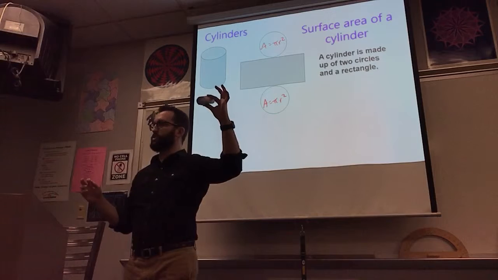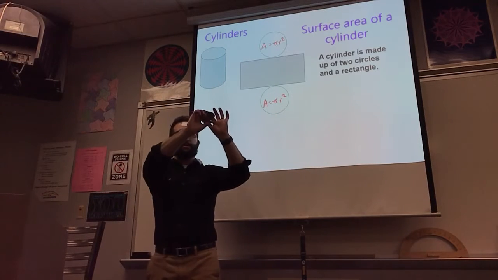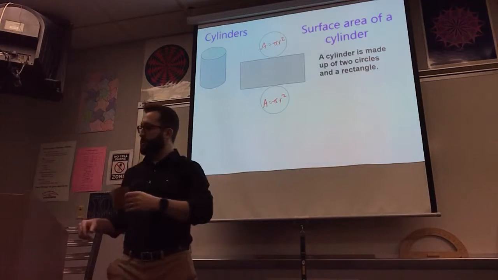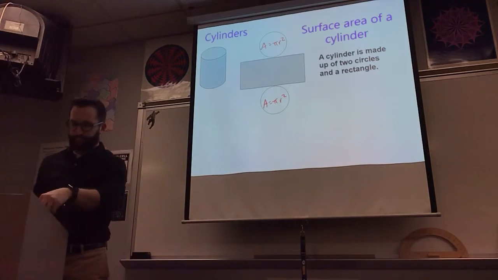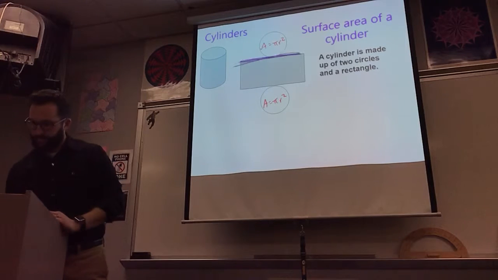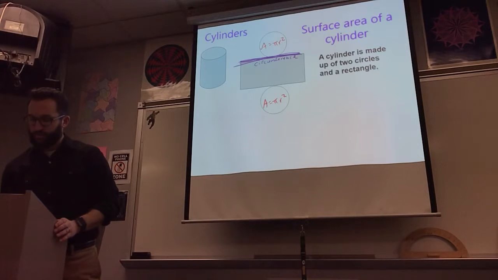If you think about this as a tube, and you unfold it, that length across the top was our circumference. You guys remember how to find circumference? C equals pi d, or 2 pi r.